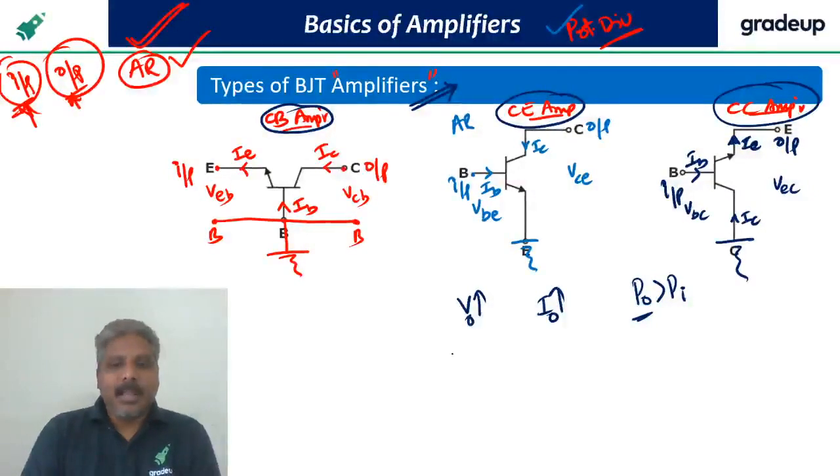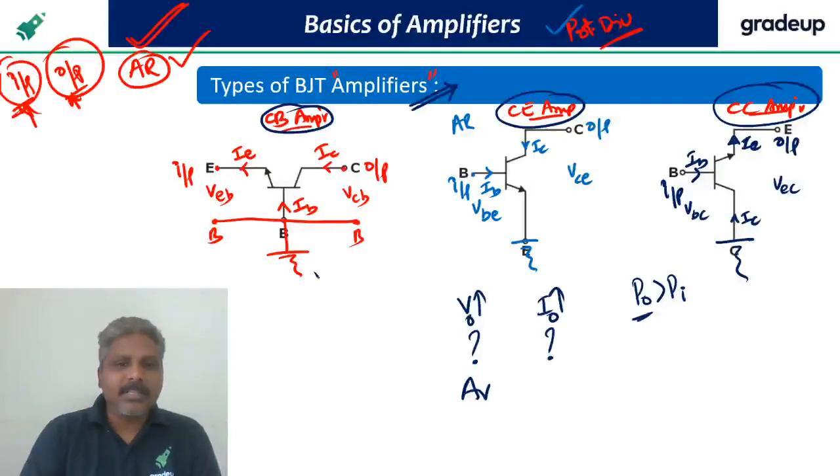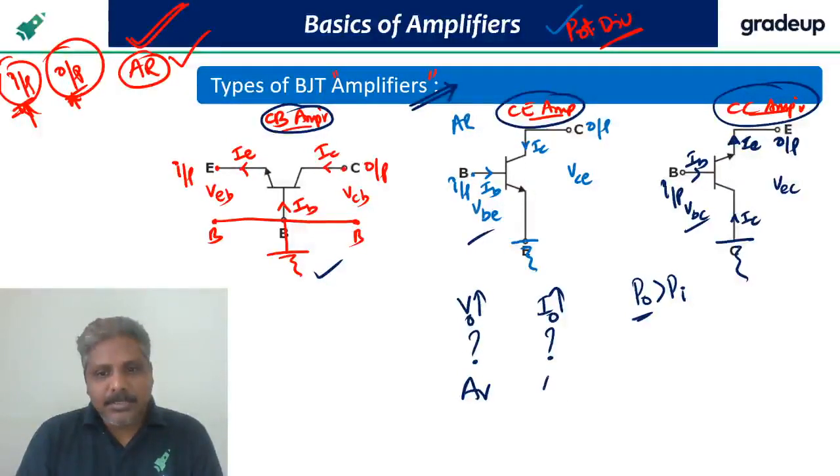How much the voltage increases from input to output is defined by a term called AV, the voltage gain. How much the current increases is AI, called current gain.